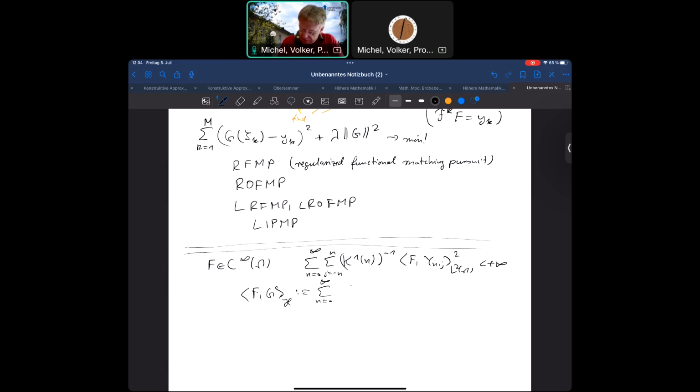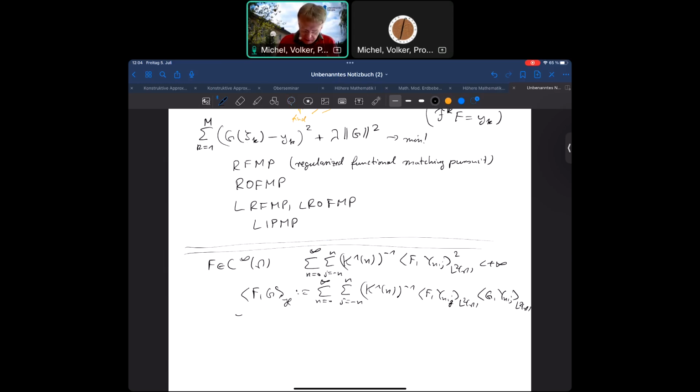So you define an inner product by saying, okay, that's now k hat n to the -1, and then the Fourier coefficients with respect to the spherical harmonic spaces. So it's possible to show that this converges due to the Cauchy-Schwarz inequality.